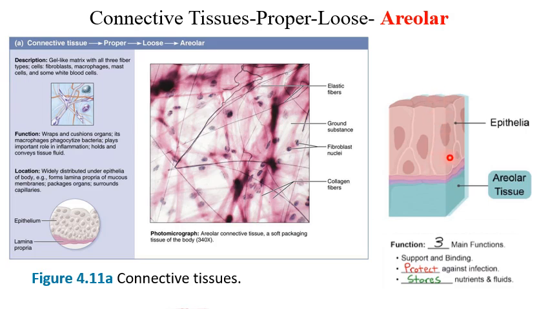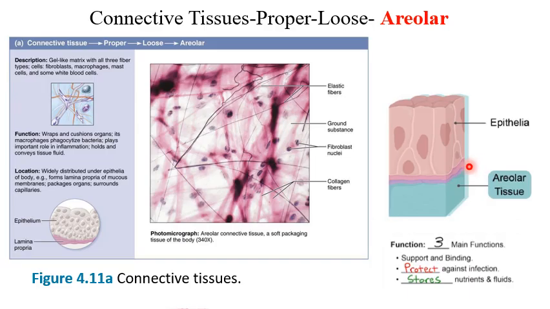Right under the epithelial, you're going to have the lamina propria right here. Now, lamina propria is a type of dense irregular connective tissue. Okay, so it's not loose. The lamina propria is dense because you want to have something to really hold on to your epithelia. You don't want the epithelia to just come loose, right? You want to hold it in place.